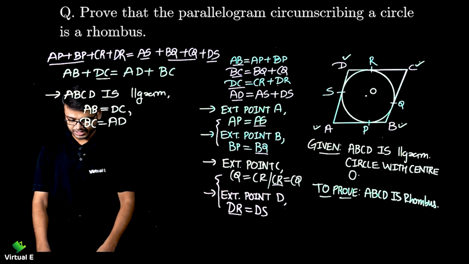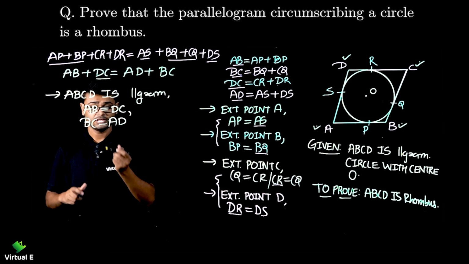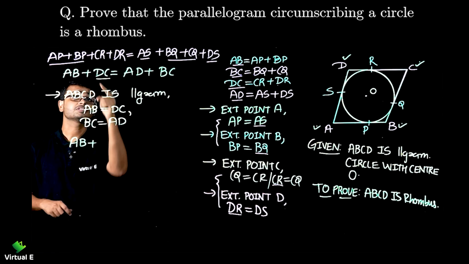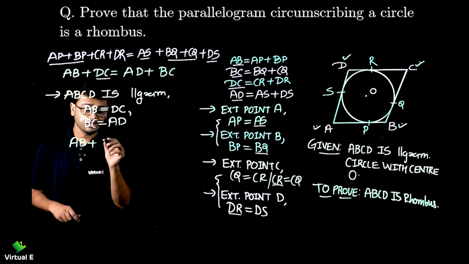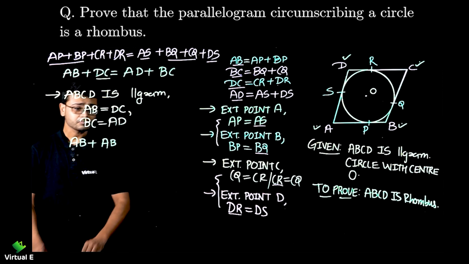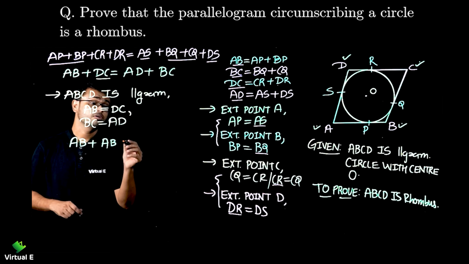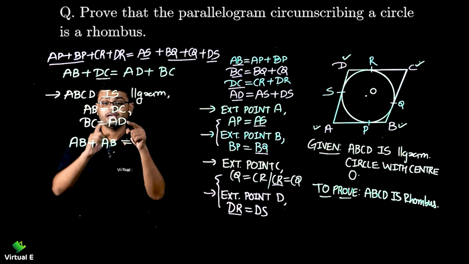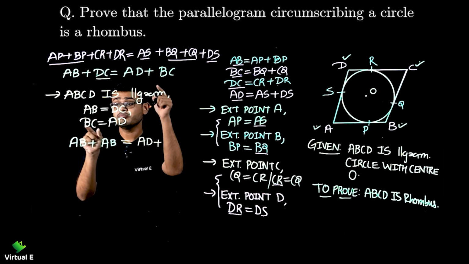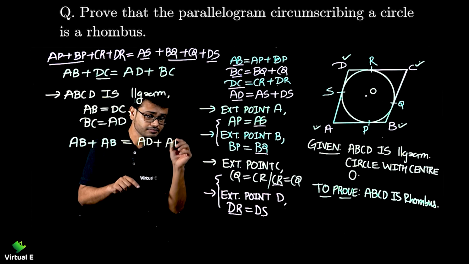Let's come to this property which we were discussing. Here it is AB plus, instead of DC, what will I be writing? Again AB. Remember, I am writing again AB. Then AD is equal to AD as it is. Let's keep it as it is, plus instead of BC again I will be writing AD, right?